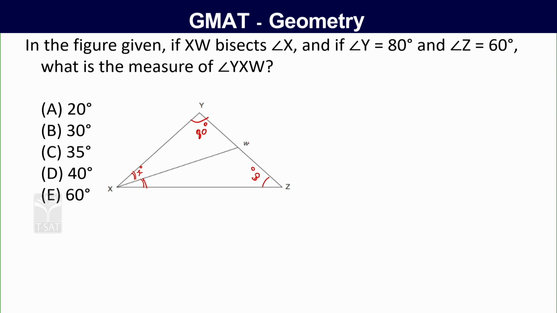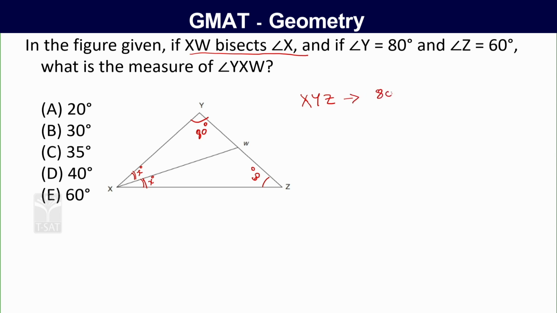Since XW is bisecting the angle x, that means that it is dividing it into two equal parts. This angle will also be equal to x. They will be of equal measure. So, looking at the triangle XYZ, the angles should add up to 180 degrees. That is, what is Y?